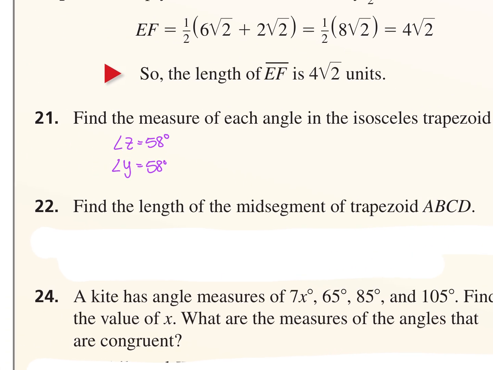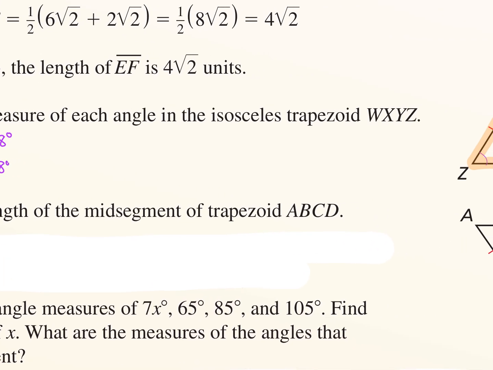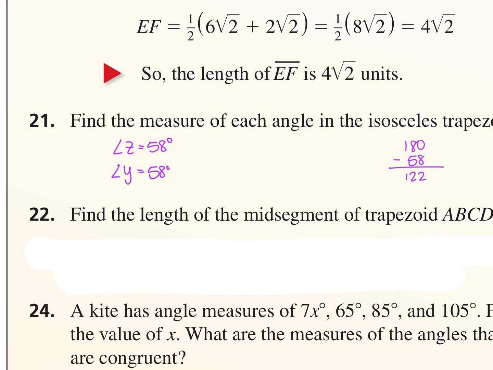So all I have to do next is subtract 180 minus 58. That's 122. So now I know angle W is 122 and angle X is 122. So I found all my angles.